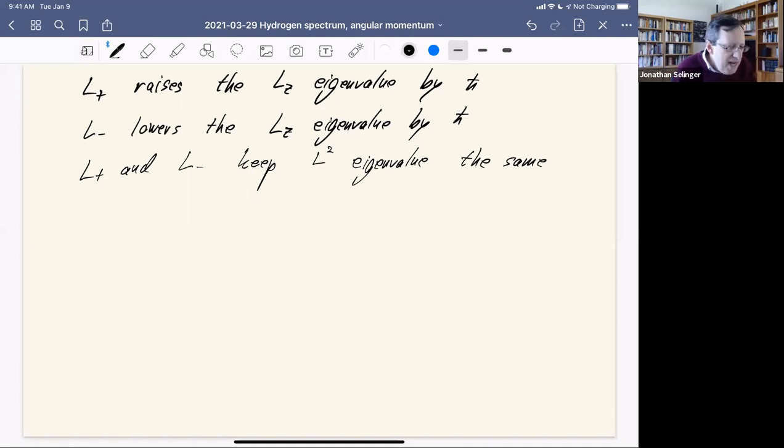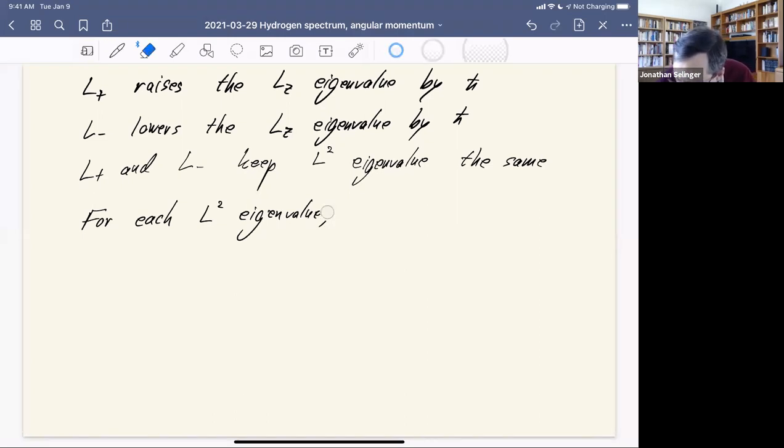Okay, so that means then that for each L squared eigenvalue, there's a ladder of LZ eigenvalues.